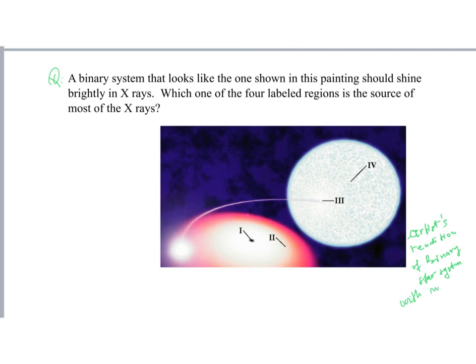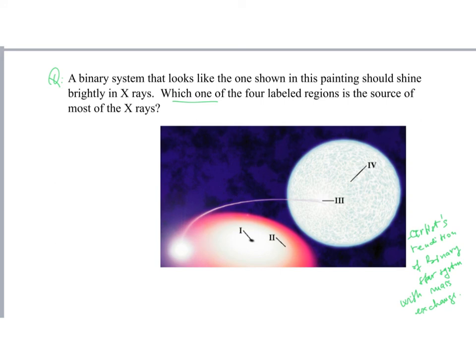You see that? And we have here 4 labels for 4 different regions. And the question is, which one of the 4 labeled regions is the source of most of the X-rays?